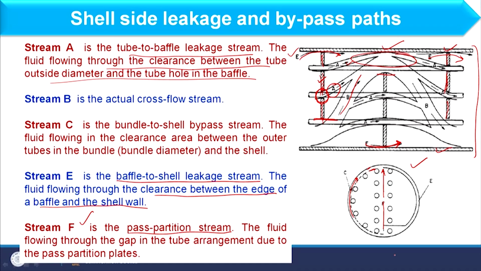However, no tube is occurring in alignment with the pass partition plate. So, whatever region is available corresponding to the pass partition plate in shell will also work as a dead zone. Maybe that is available at the middle section also, but it will not participate in heat transfer, it will stay there. So, that is stream F, which is due to the pass partition plate.